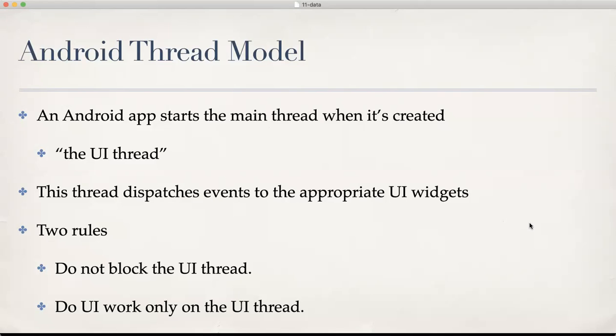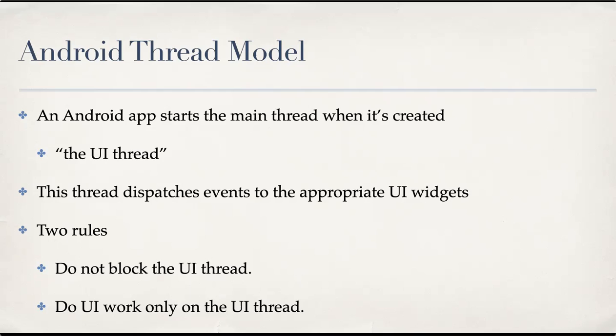Okay, so now let's first talk about the Android thread model before making any further changes to our app's architecture. When an Android app starts, it basically starts the main thread, and that is the UI thread.